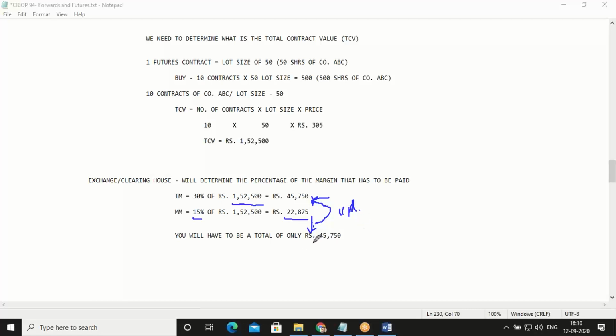The other part here is that you are only going to pay 45,750. You are not going to add both of these amounts and give that. Rather, you are going to give 45,750 as your initial margin. Okay, is this clear with everyone?